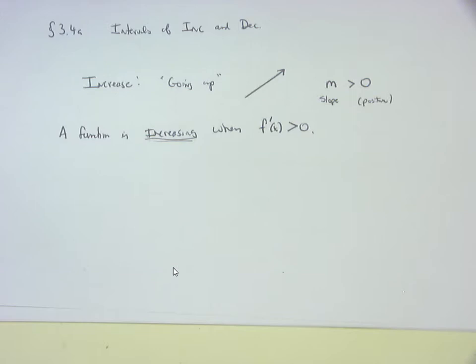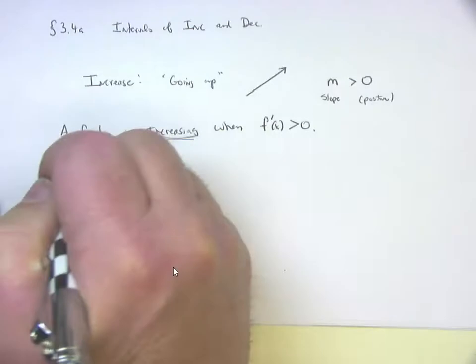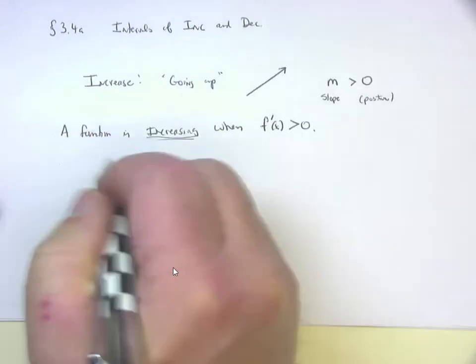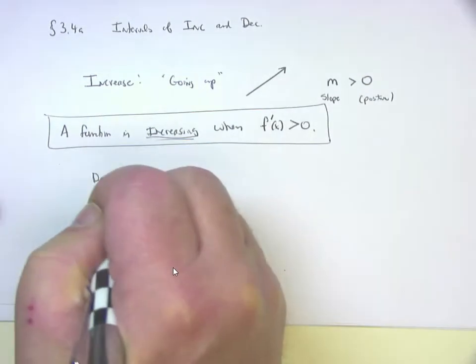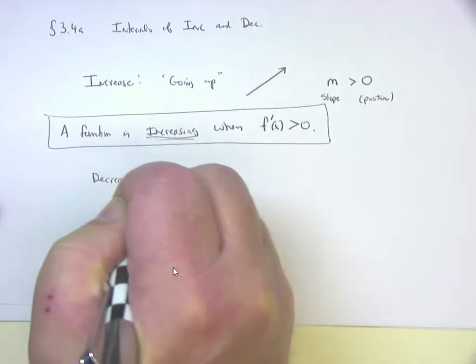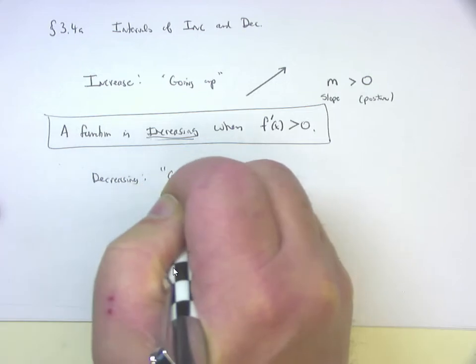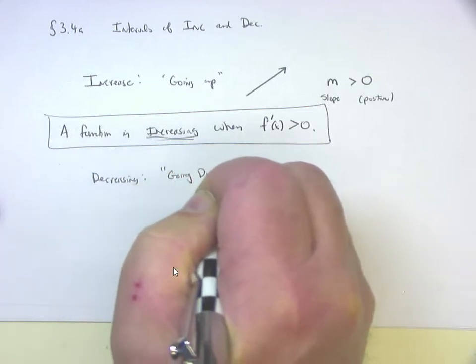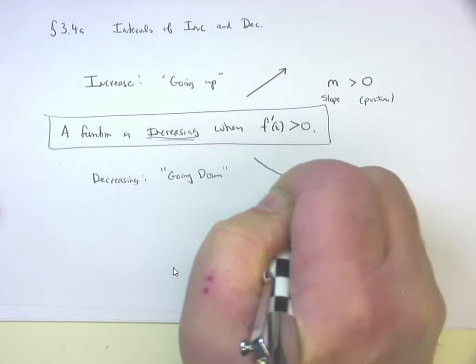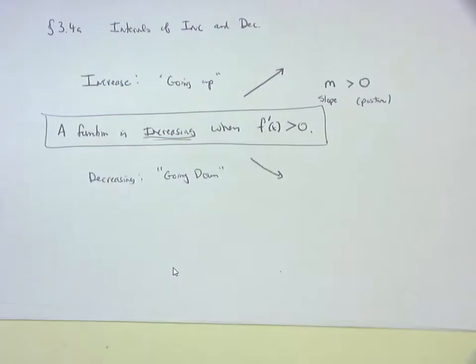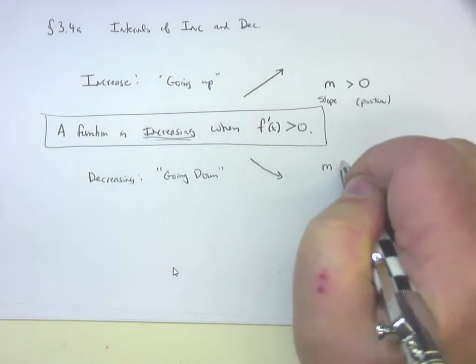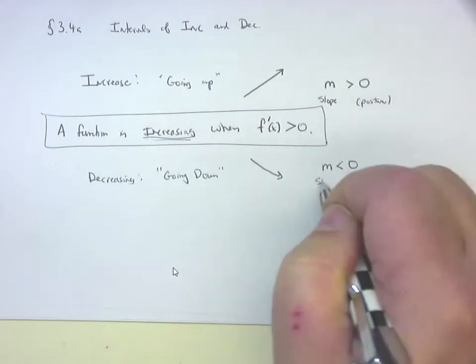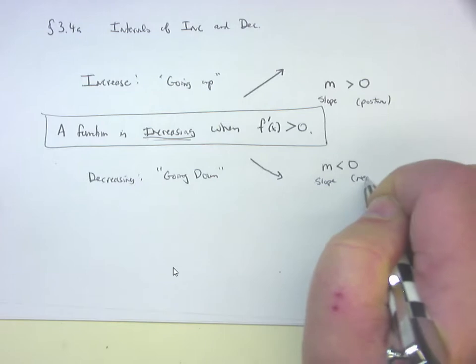And similarly, if we were talking about decreasing, decreasing means we are, quote, going down. From a line perspective, that means as you read a graph from left to right, it goes down. This means your slope is less than 0; your slope is going to be negative.